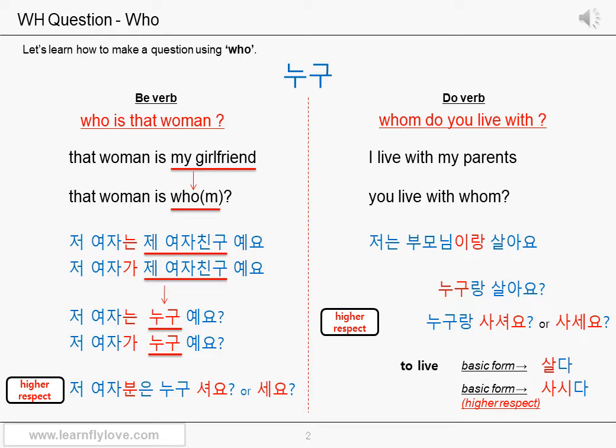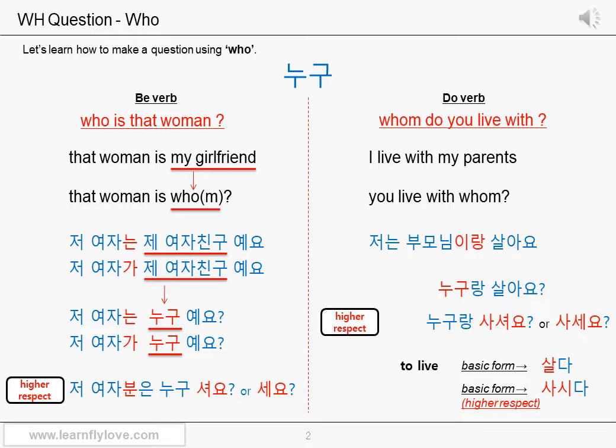How about the preposition with? As you learned in lesson 4, you can use 와 or 과 or 하고 or 랑, 이랑 interchangeably for the preposition with. Let's use 랑 or 이랑.